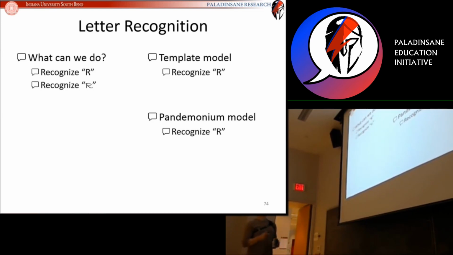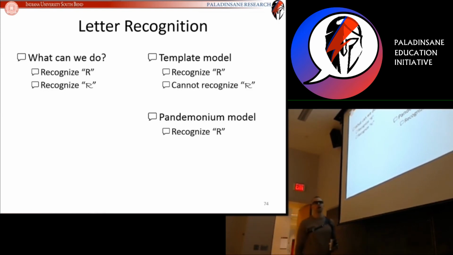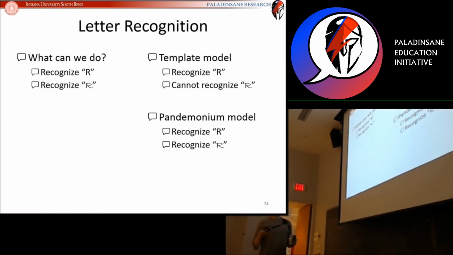What else can we do? Well, we can recognize R done in this font. And the template model says, nope, we can't recognize that R. And the Pandemonium model says, yep, we can recognize that R. So in this case, this is evidence that the representation that we are using to recognize the letter R might be described by the Pandemonium model. But for sure, we know that it's not described by the template model, because the template model is not matching up with what we can actually do.